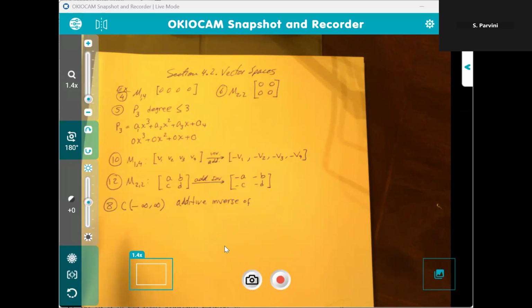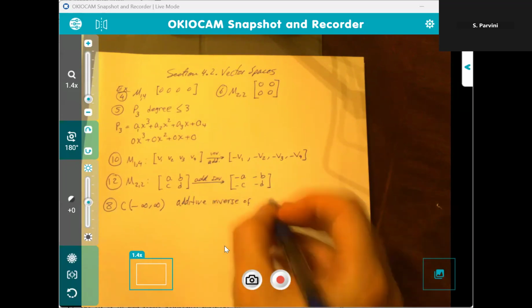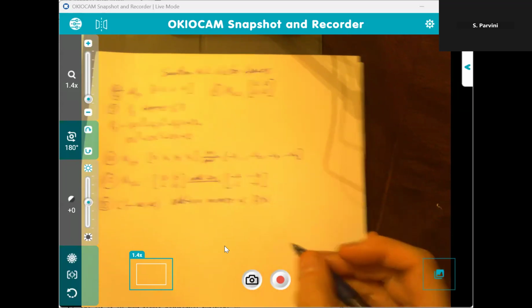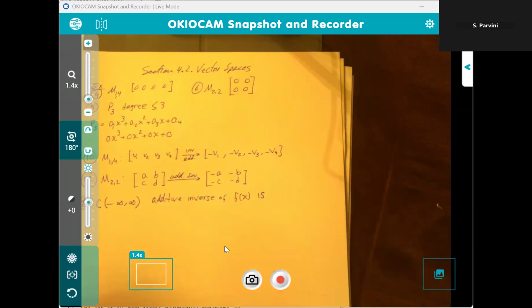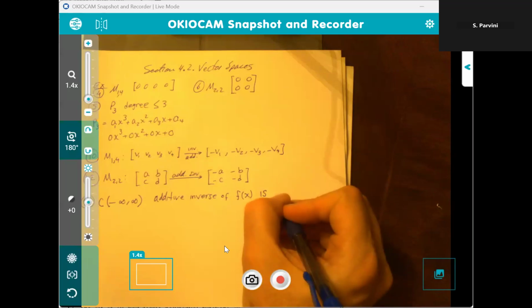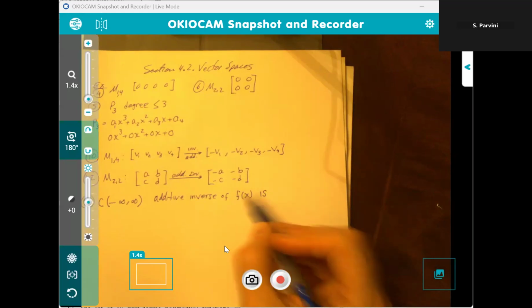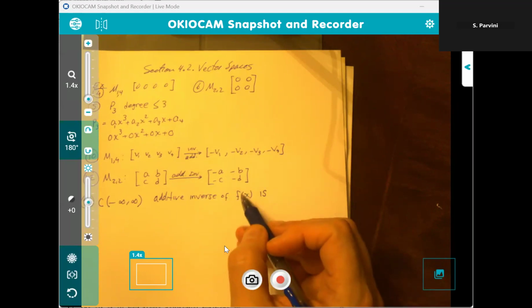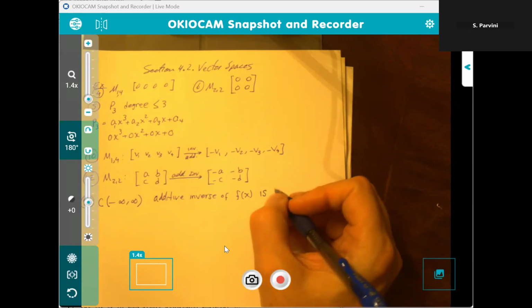So I'm going to use the function notation. What do you think the additive inverse of f of x would be? What do you add to f of x to create 0? F of x plus what is 0?